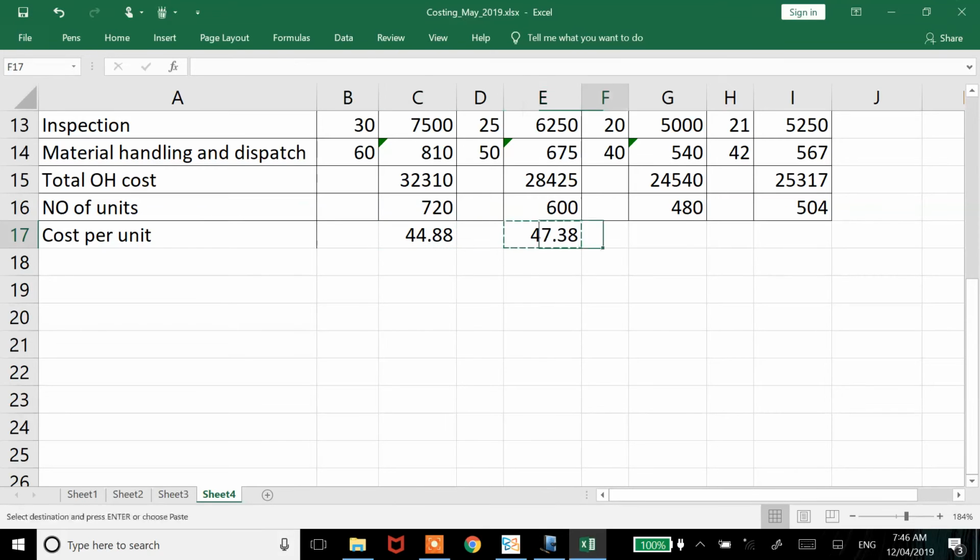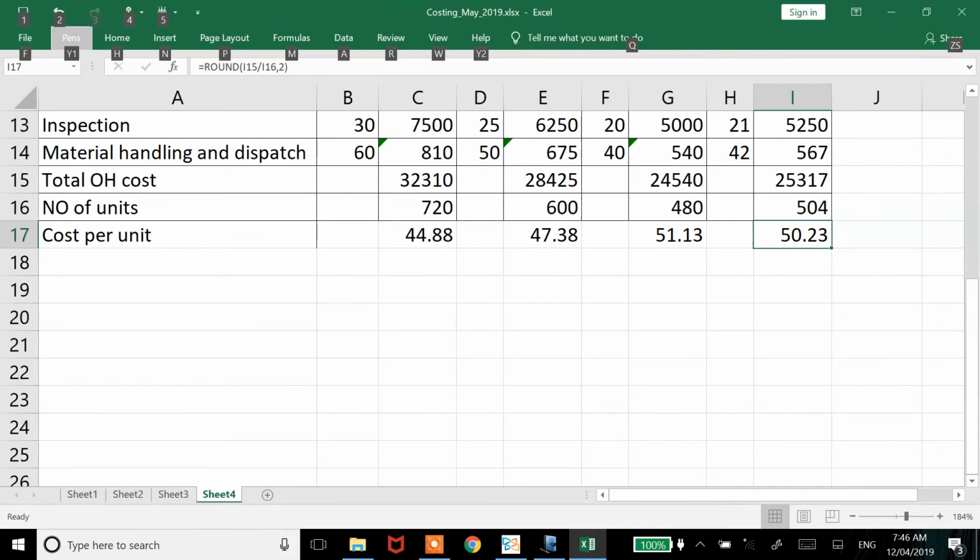This will be the cost per unit. I've done 2 decimals. You can even do 4 decimals. This will be the overhead cost per unit for the 4 products: 44, 47, 51 and 50. Any doubts on this? Clear?